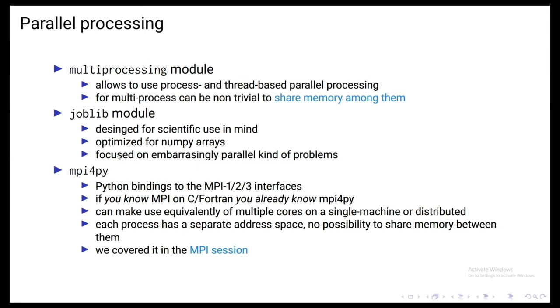The motivation behind it was to be thought for scientific usage, so for numerical computations. It's compatible and optimized for working with the kind of arrays that we have in NumPy, but also pandas data frames.